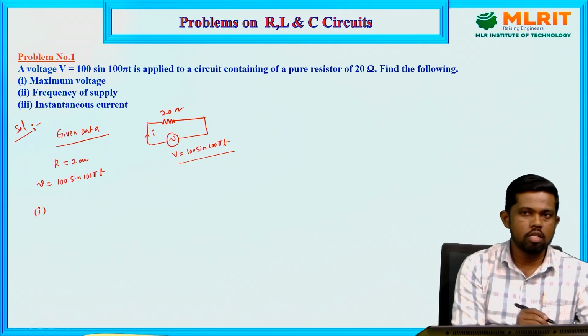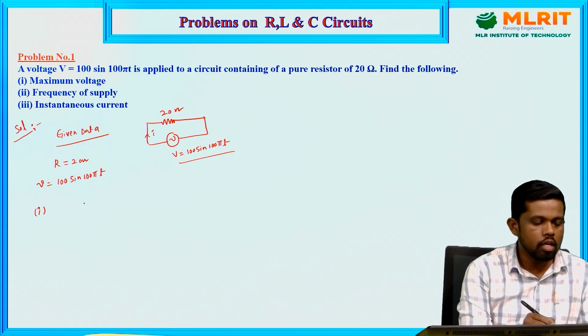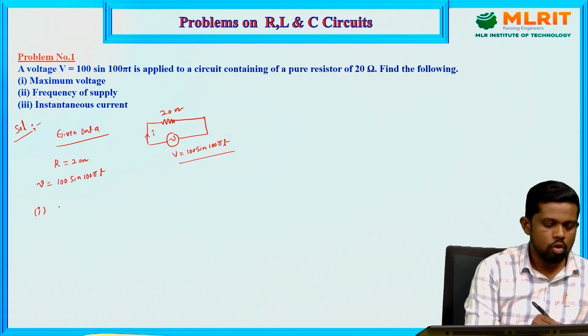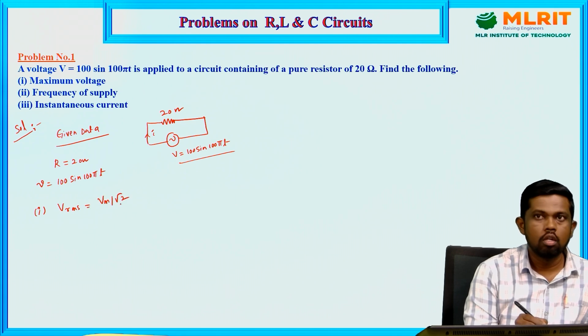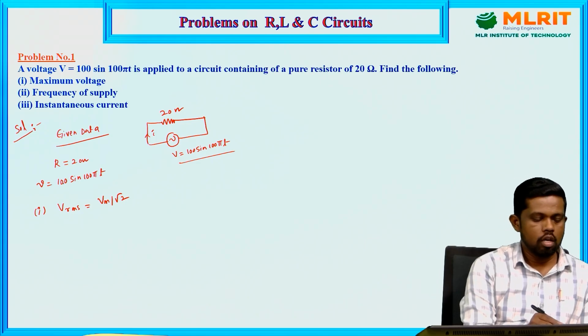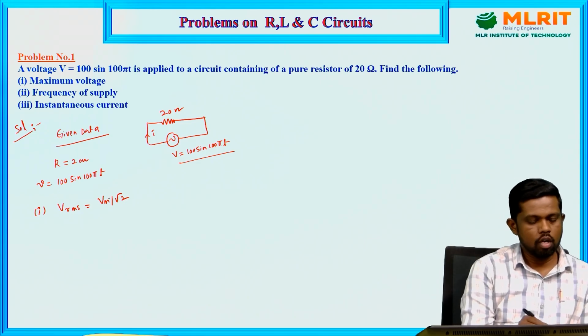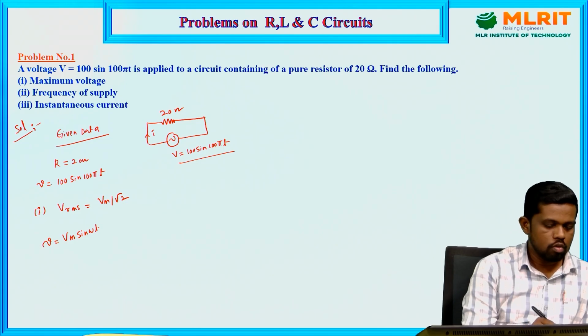The maximum value means the peak or amplitude value of voltage. We know the RMS voltage, V RMS equals Vm by root 2, which is the formula for the RMS value of a sinusoidal quantity. The standard instantaneous value of voltage is V equals Vm sin omega t, so we compare this with the given equation.